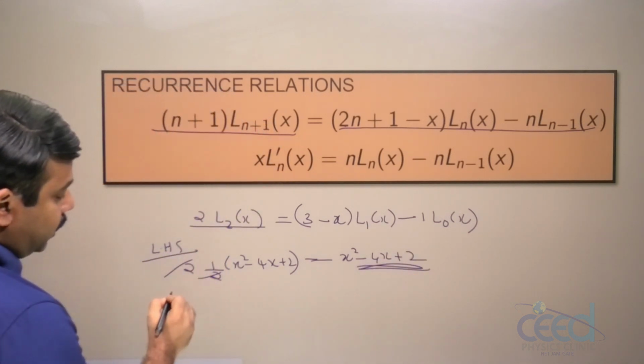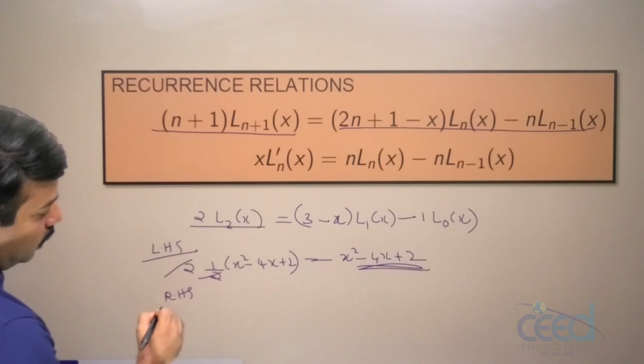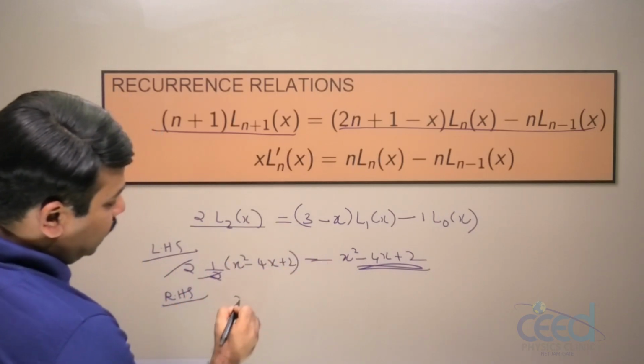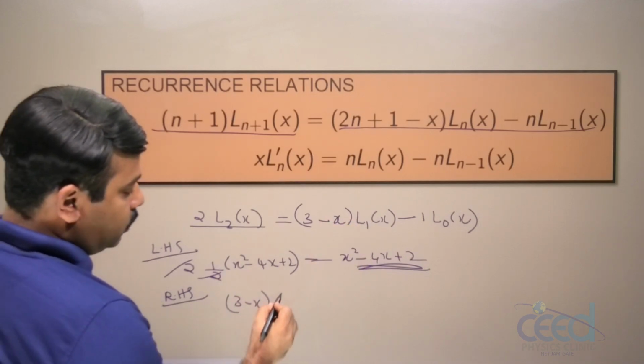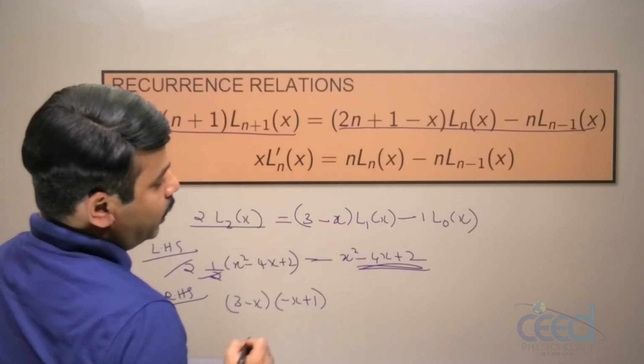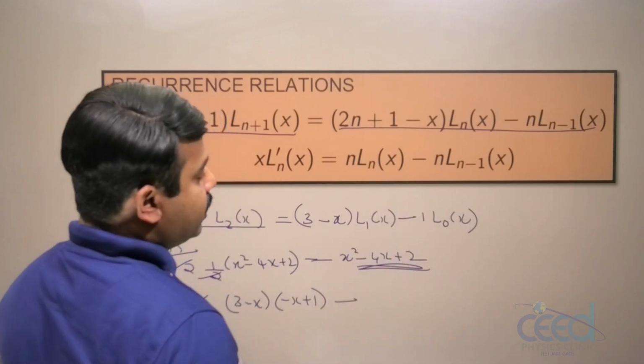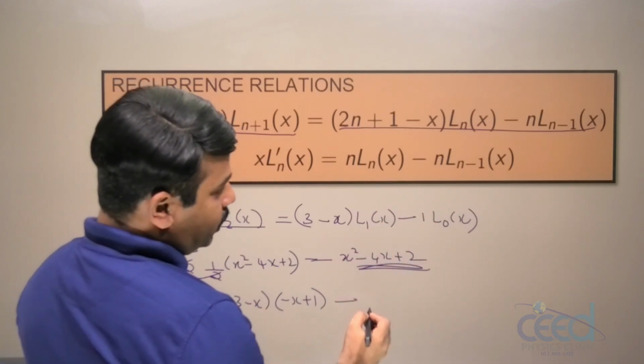Now we solve the RHS. RHS is (3 minus x) times L1(x), where L1(x) is minus x plus 1, minus L0(x), which is 1.